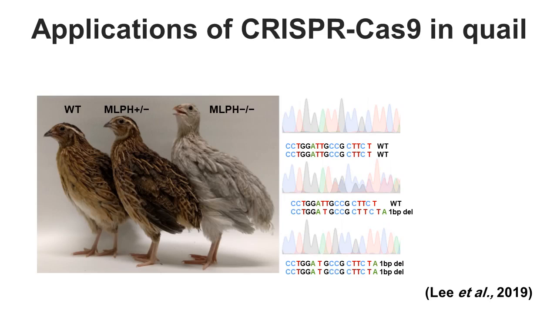Then an adenoviral CRISPR-Cas9 vector optimized for expression of guide RNA and Cas9 gene in avian cells was injected into the quail embryo in a newly laid egg, which resulted in mutated chimeras that have desired traits.